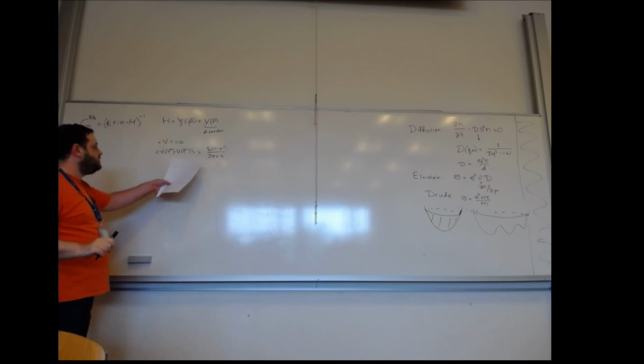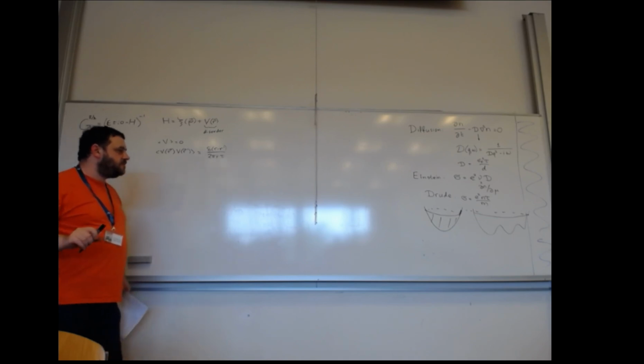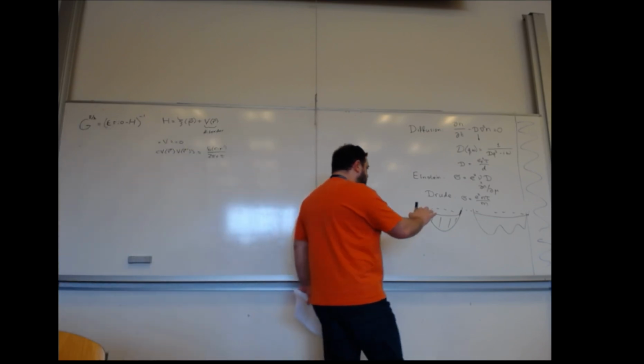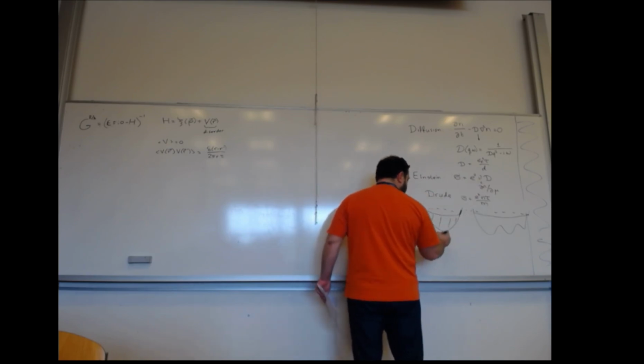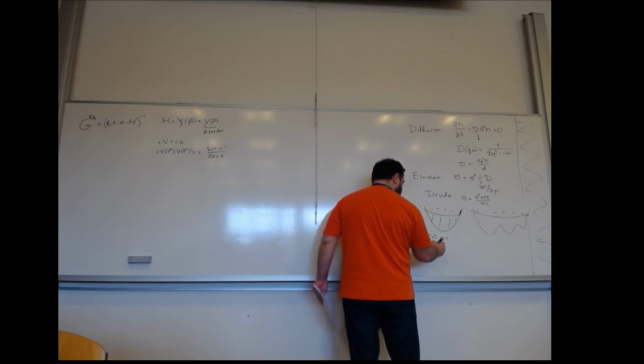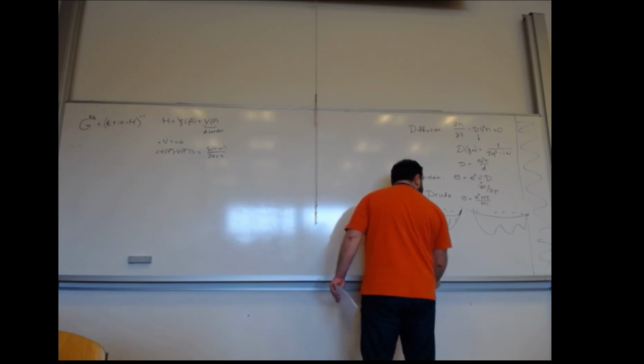So the stronger is your disorder, the smaller is tau. And once again, the reminder: whenever we're talking about the metal, we always assume that the Fermi energy times tau is large, or same thing, Fermi momentum times mean free path is also large.